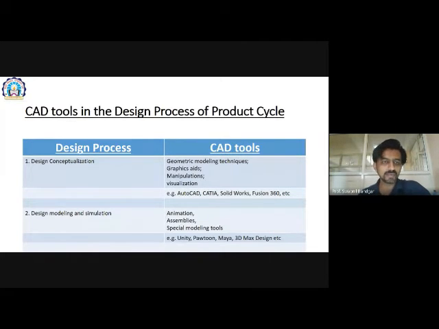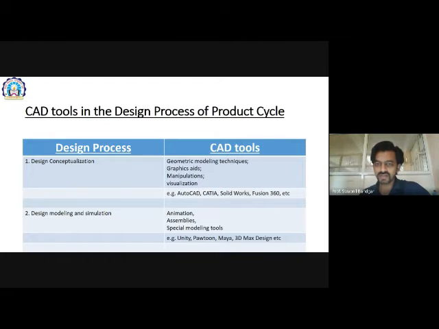Our second process in design is design modeling and simulations. Once we conceptualize and finalize, we model the design and do some simulations. For design modeling, the same tools are used as for design conceptualization. For the simulations we do animations, we do some assemblies, and we use some special modeling tools.